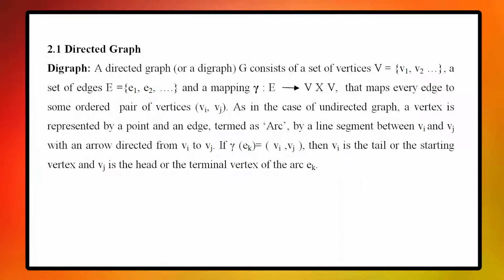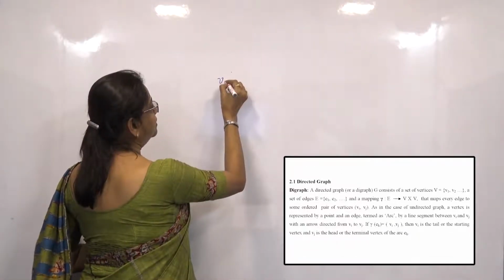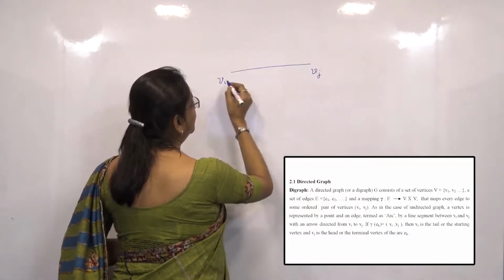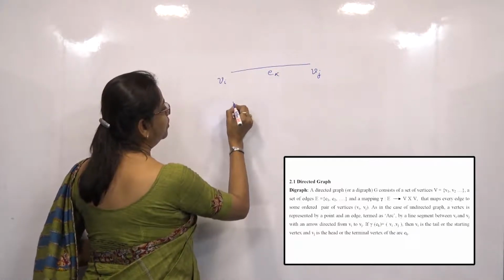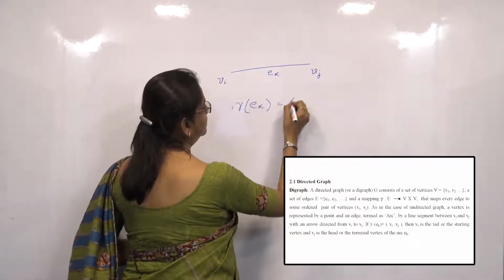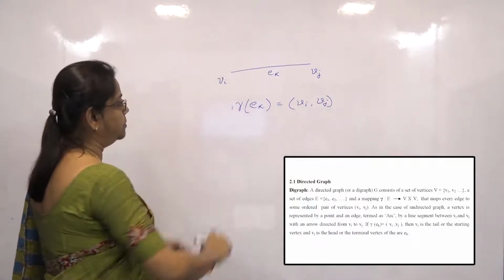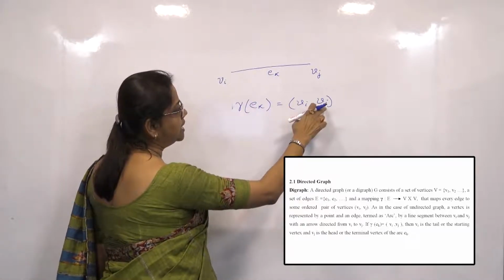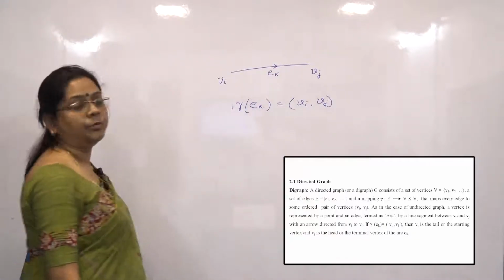Unlike an undirected graph, here we represent two vertices Vi, Vj and the edge, say Ek, when mapped onto Vi, Vj, it means this is an ordered pair and Ek starts from Vi, goes to Vj, and that is denoted by this arrow.